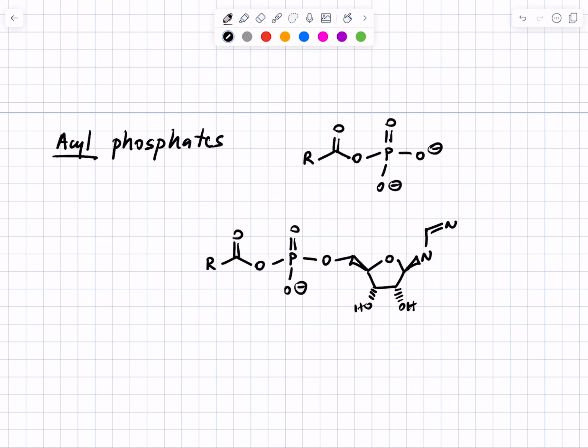Probably you've seen adenosine before, or at least have heard that word. And this is what we're going to call an acyl AMP, and AMP stands for adenosine monophosphate.